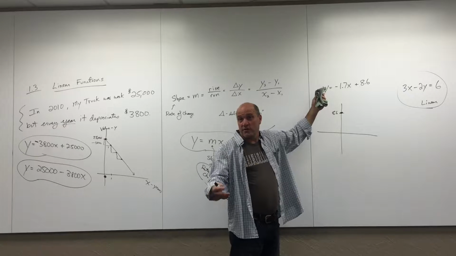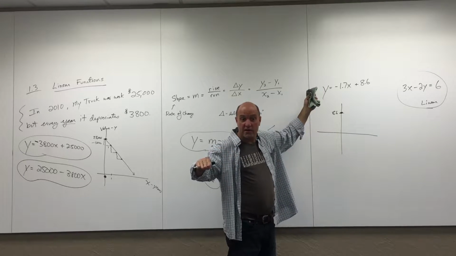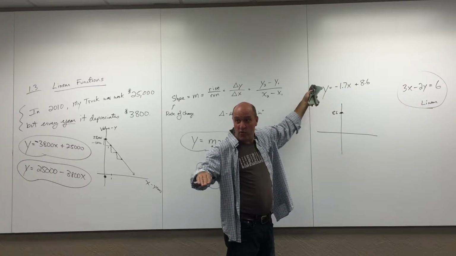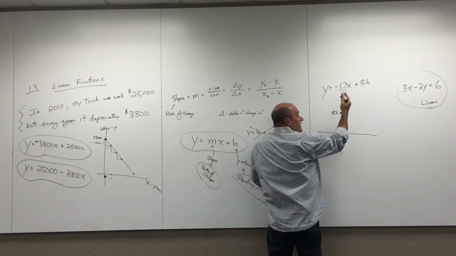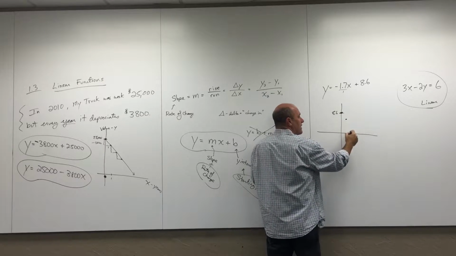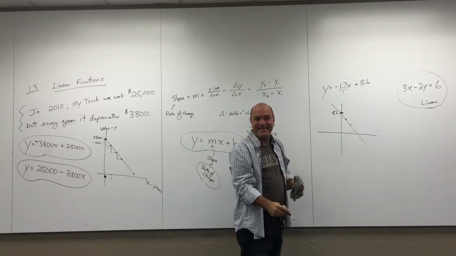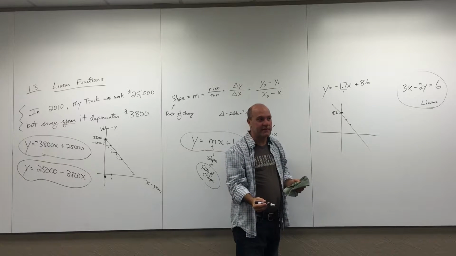So I should go down 1.7 and over 1. You can always consider these things over 1. You need to, really. So I can go down 1.7 and over 1. Anyway, very roughly, there it is.